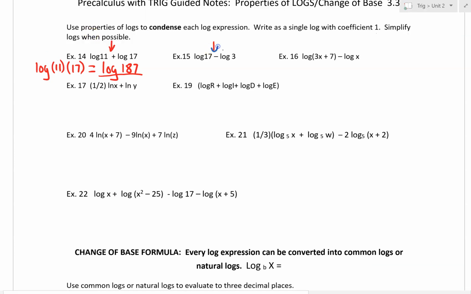Well, the negative tells you that you should have a division. This should say log of 17 divided by 3. I can't simplify that anymore. 10 to some power gives me 17 over 3. That's not really going to give me an answer I'm really excited about. So this would be our answer, putting them back together.